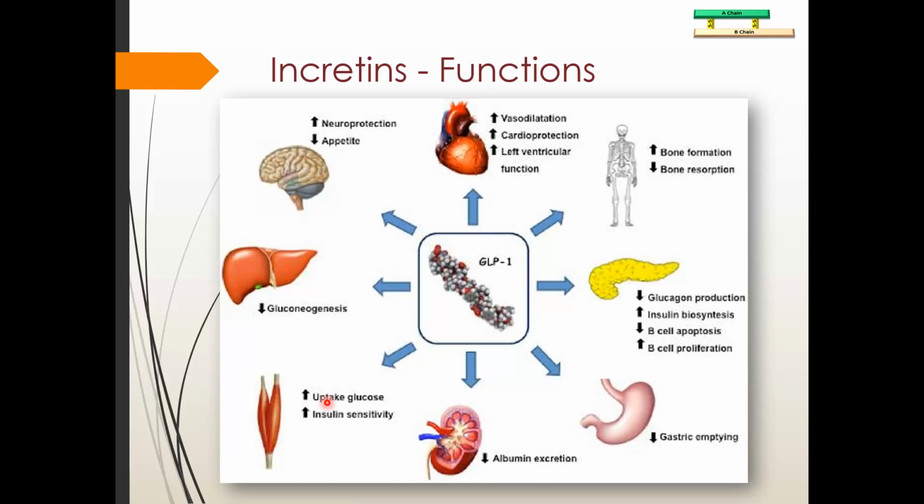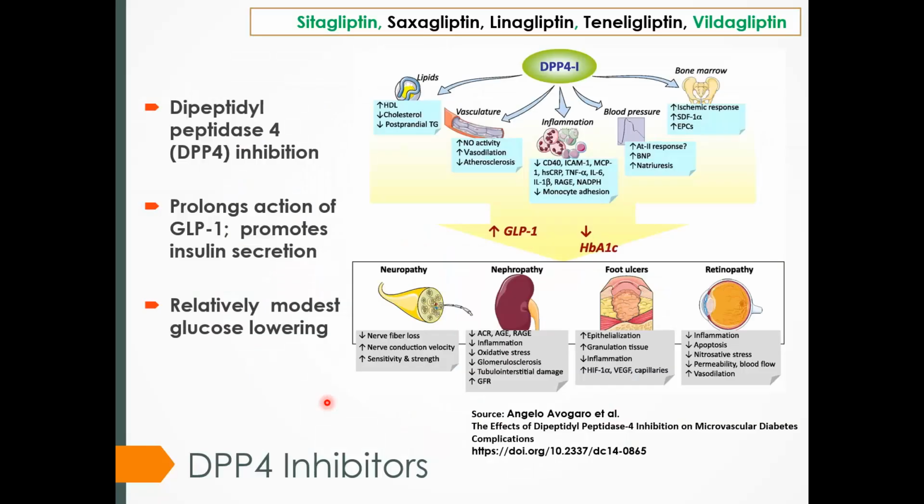Alternatively, we can prevent breakdown of the endogenous GLP-1 by some drug. GLP-1 is broken down by dipeptidyl peptidase 4, DPP4. If we give an inhibitor of DPP4, then the duration of action of GLP-1 will increase. So that is how we can increase the action of GLP-1.